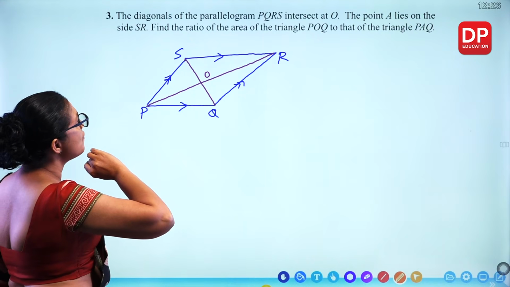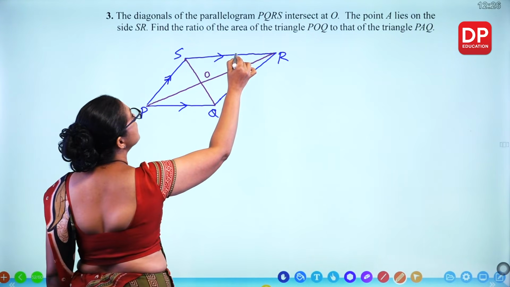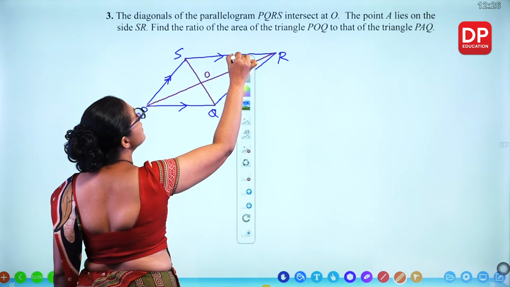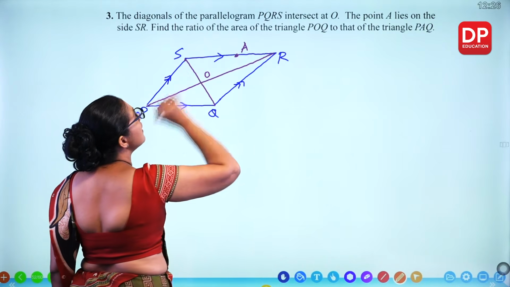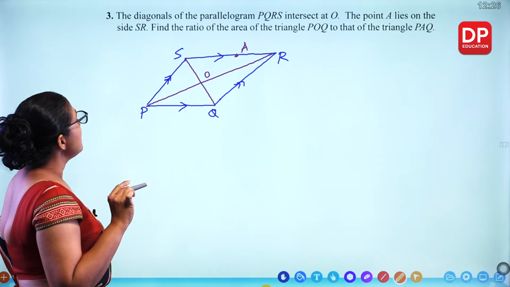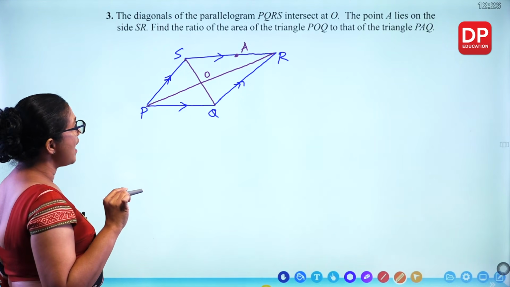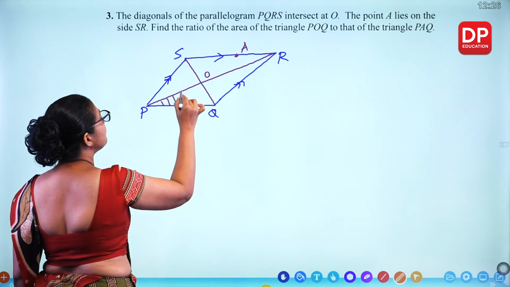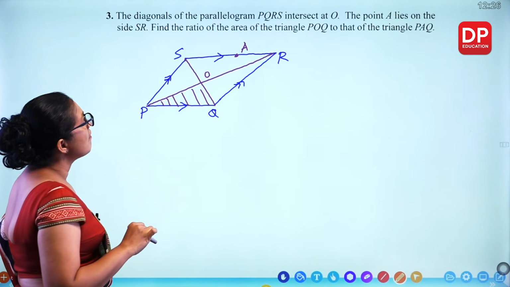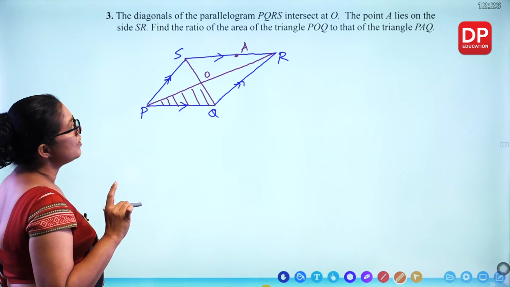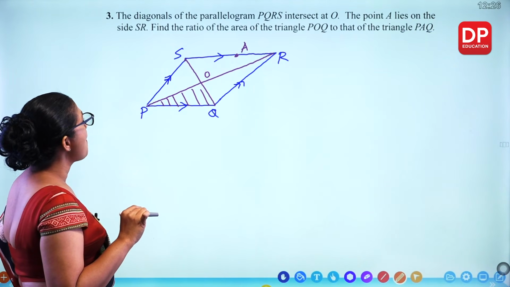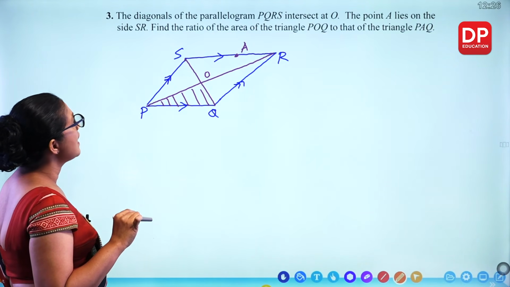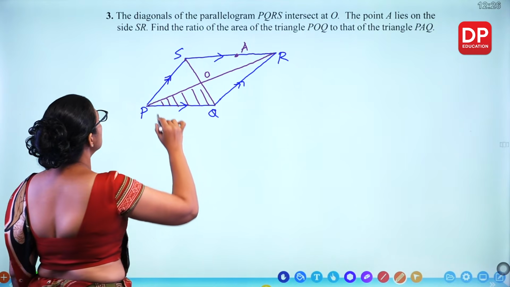Find the ratio of the area. I'll put somewhere here, A. Find the ratio of the area of the triangle POQ, this area, and to that of the triangle PAQ, this one.